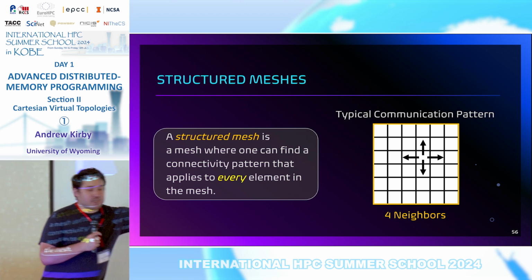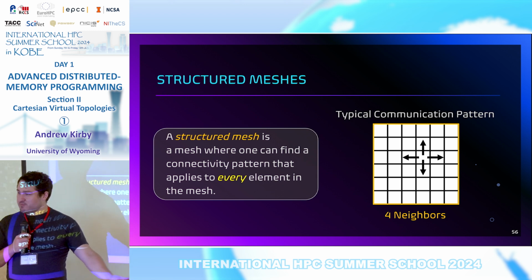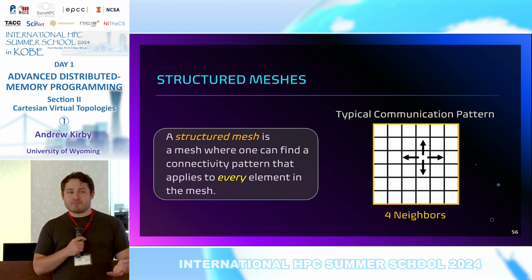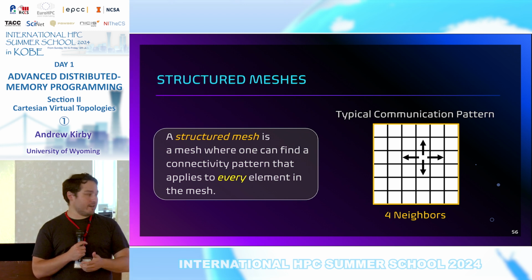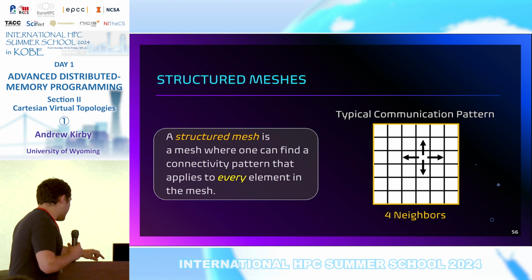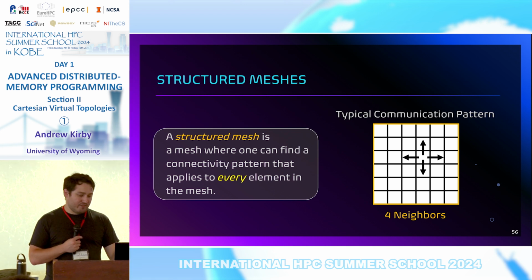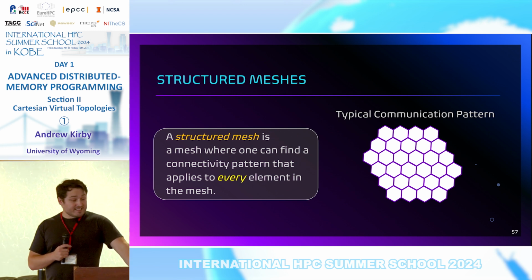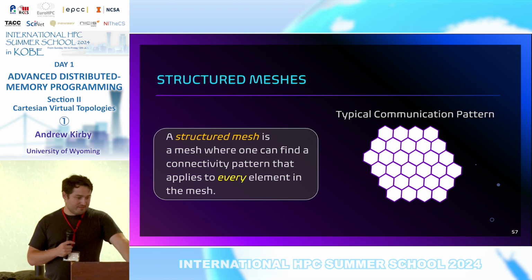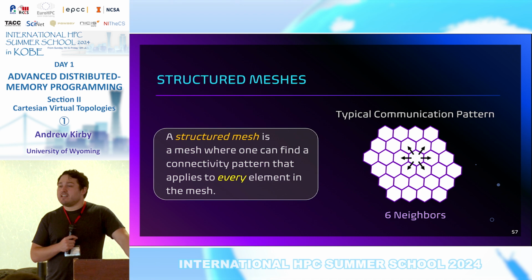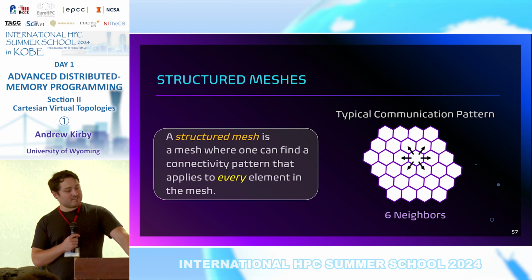But this element over here, somewhere else in this structured regular mesh, has the same communication patterns. So here, in this example, they all have 4 neighbors they're going to communicate with. In this example, we have 6-sided element types, a little bit different, but very similar. So instead of 4, you have 6.